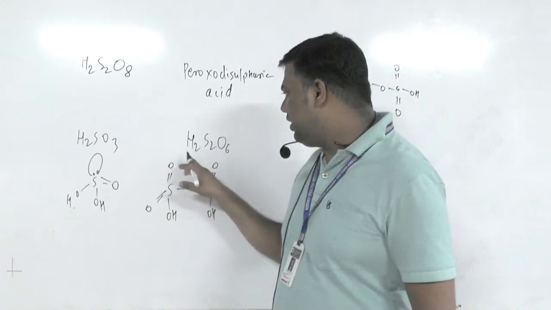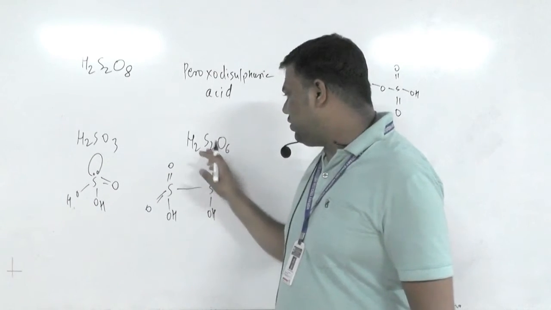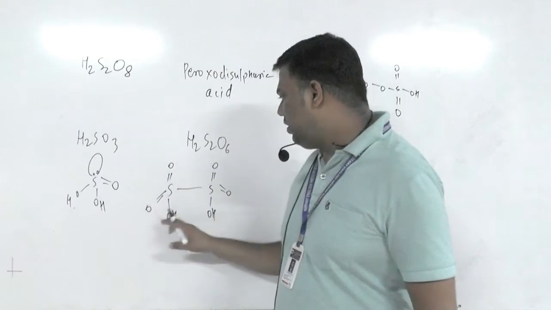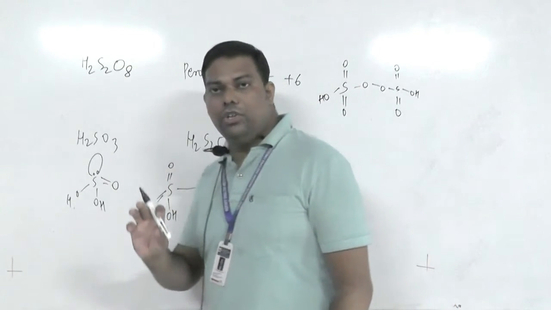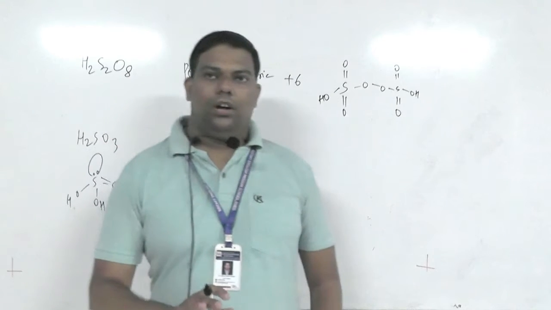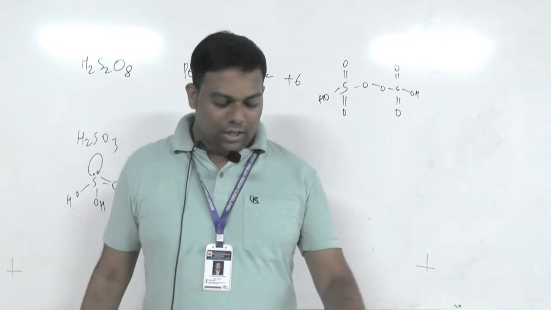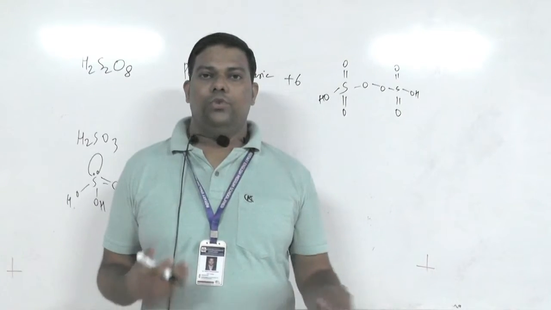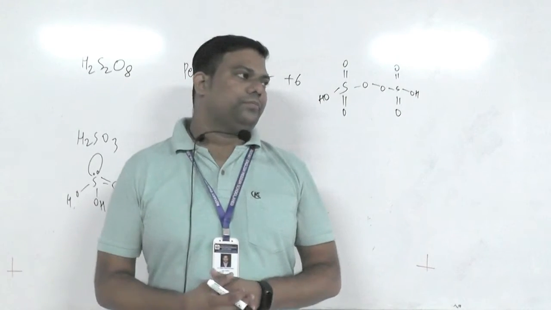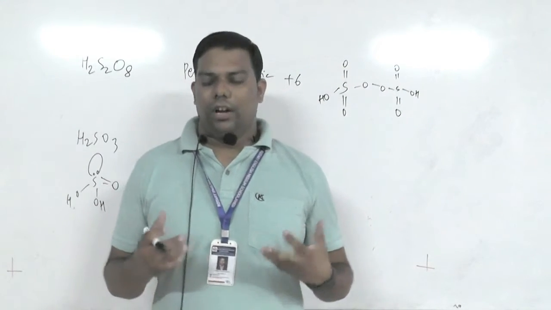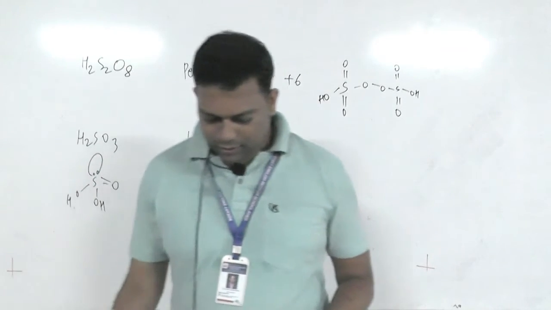We can cross check H2, O6, 3 and 3, 6. And our sulfur is also balanced. So now you know how we can prepare these structures, and you have to keep all this in mind. If any doubt comes, you can share immediately.